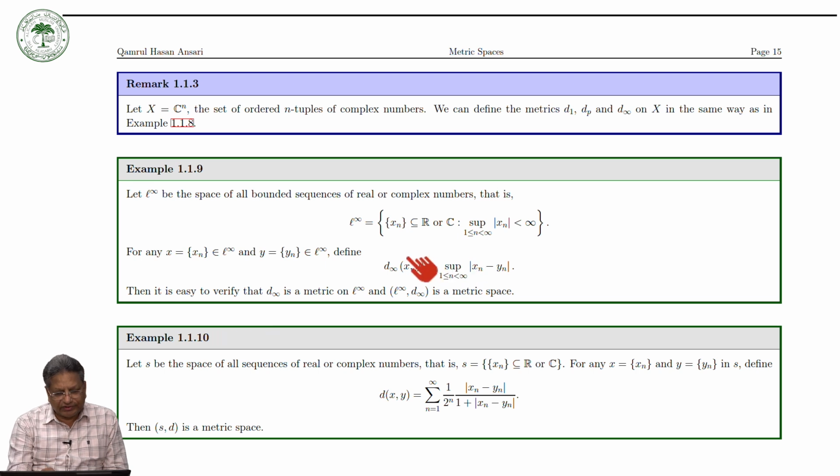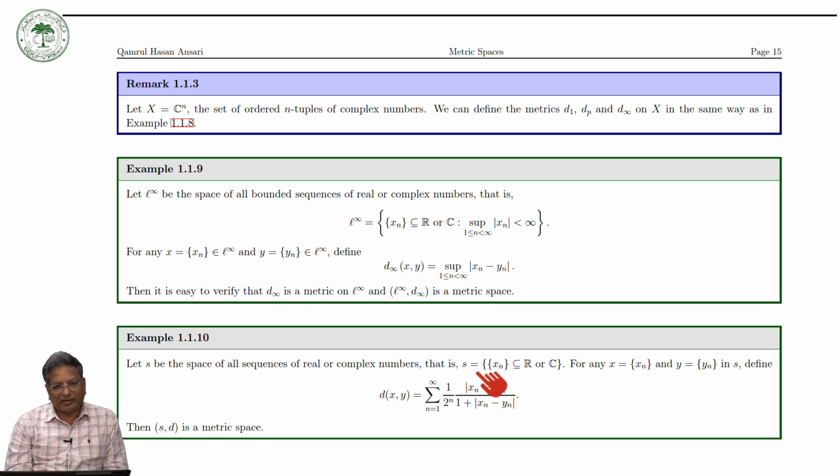Would this be a metric or not? For example, suppose small s denotes the set of all sequences of real or complex numbers, that is, s equal to the set of sequences xn of real or complex numbers.